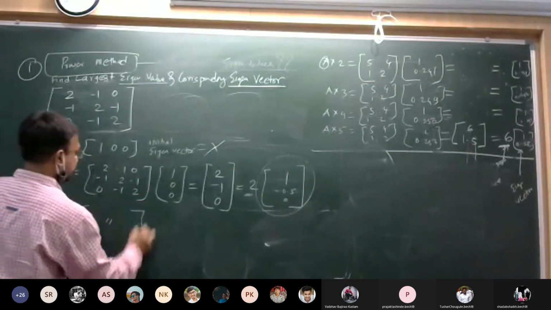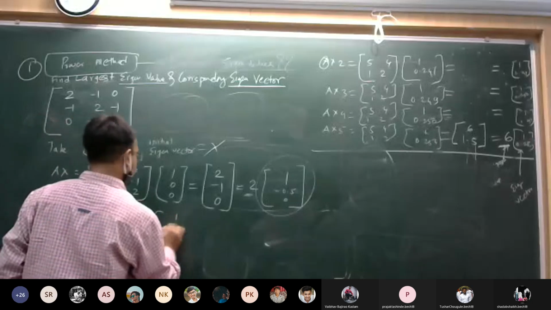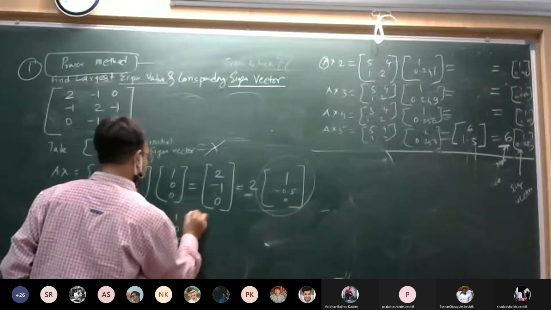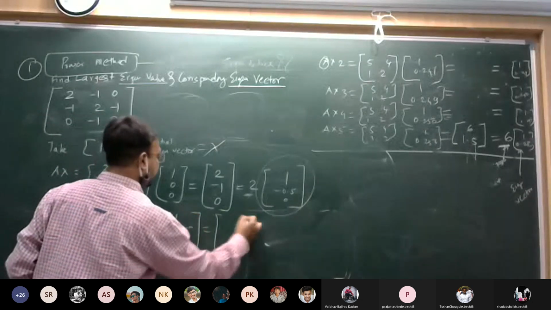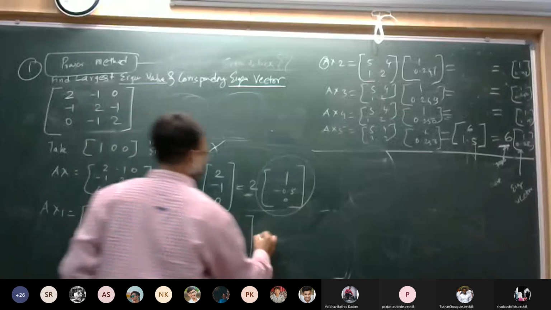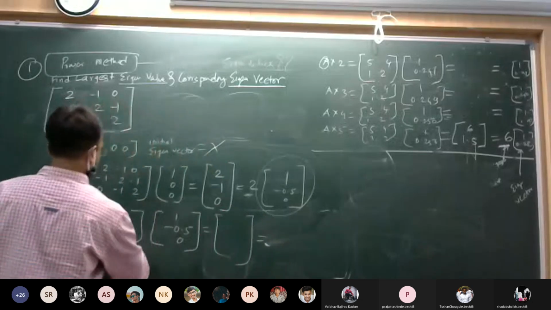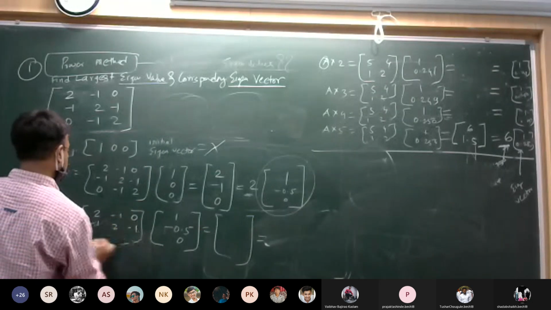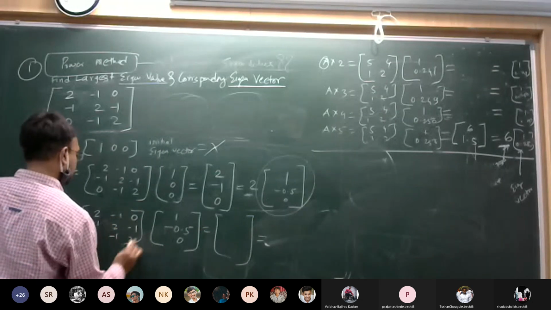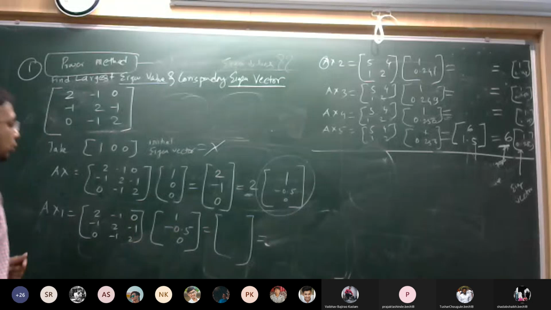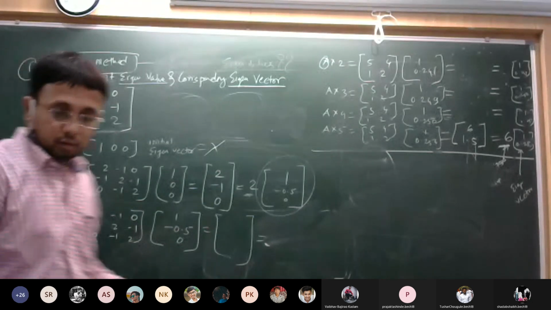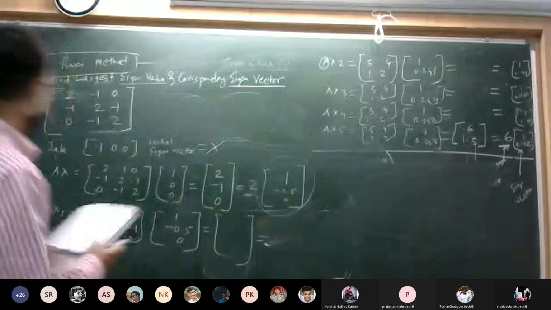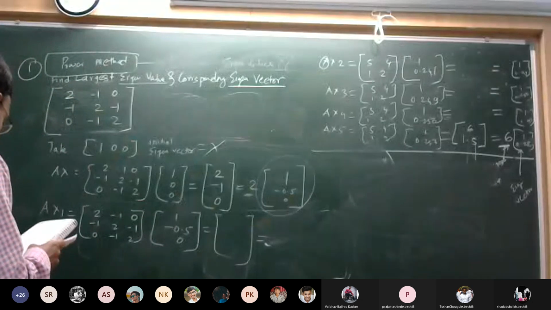This matrix as it is, 2, -1, 0, -1, 2, -1, 0, -1, 2, multiplied with 1, -0.5, 0. Multiply this and obtain the new value.